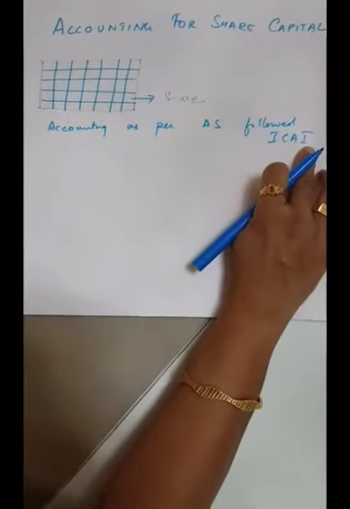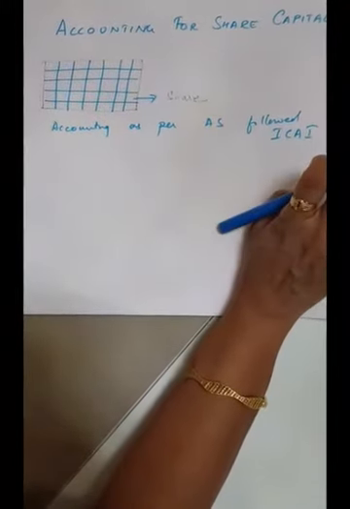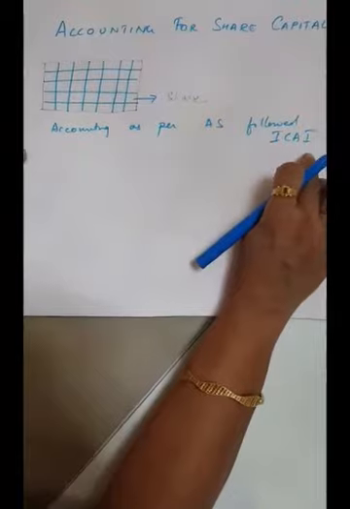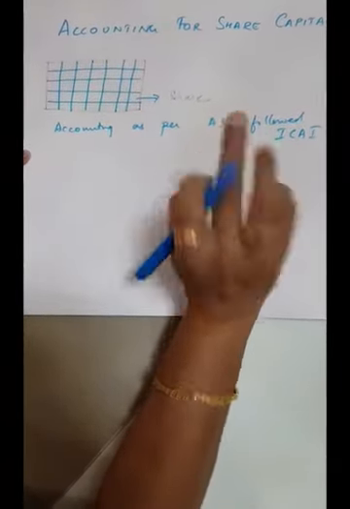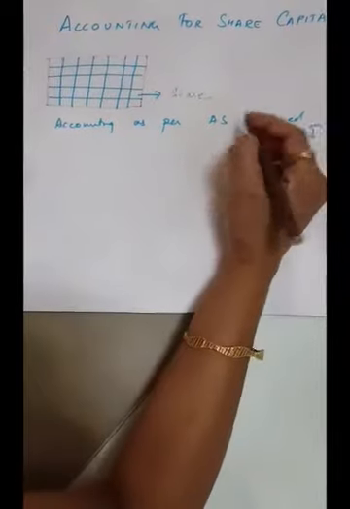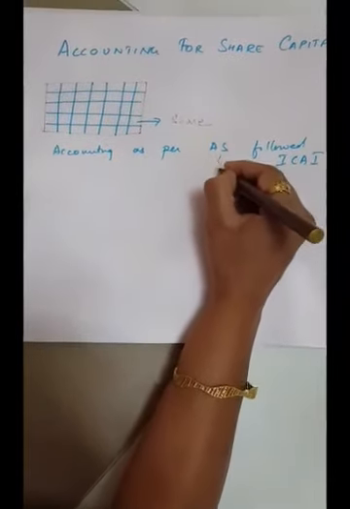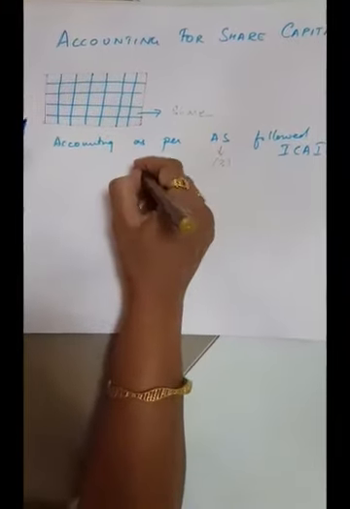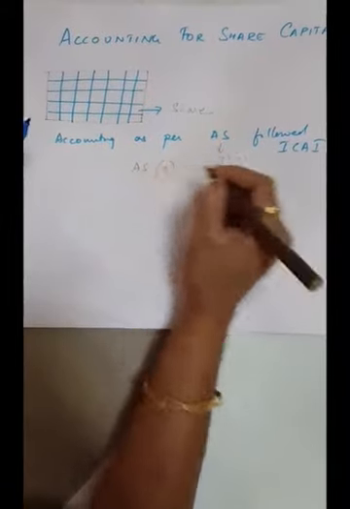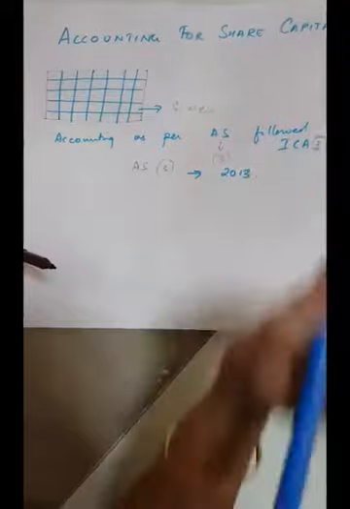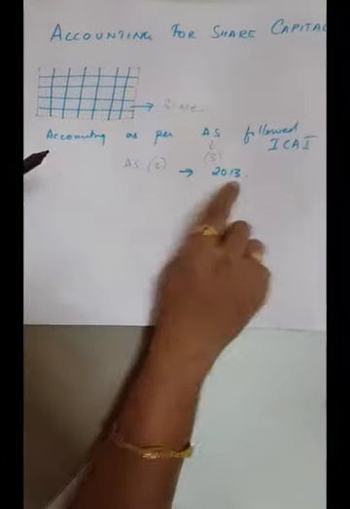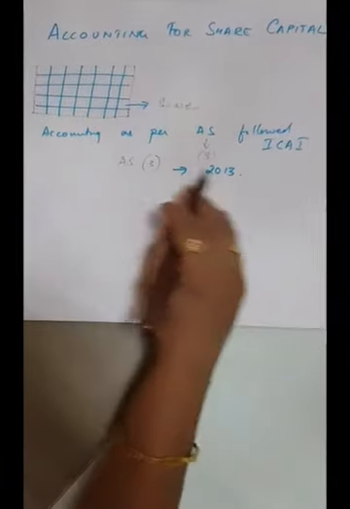So whenever we are solving any question or we are telling anything related to shares, it should be as per accounting standards. And nowadays we follow the accounting standards 3, better known as AS3, which has been done in the year 2013. The theory part of this is already there in your textbooks.